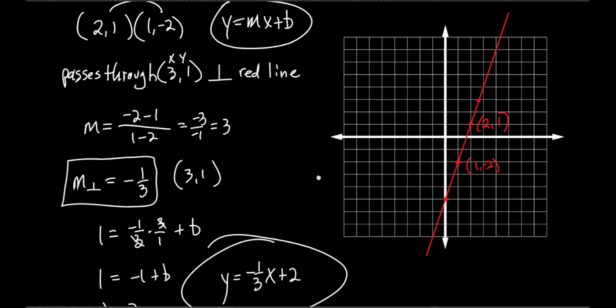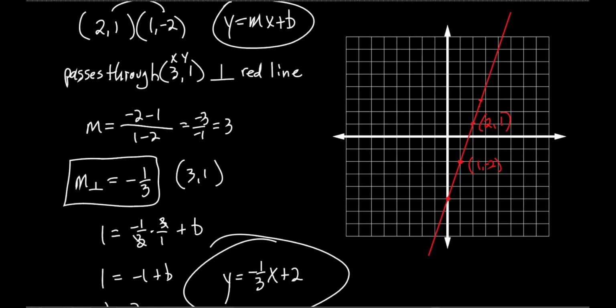Let's just see if it looks right, okay? You don't have to do this. I'm just doing this for fun, just to see if everything worked out the way it's supposed to. What's my line? Y-intercept is 2, right there, and the slope is -1/3. -1, 1, 2, 3. Look at that. That goes through 3, 1, doesn't it? All right, so it worked out perfect, didn't it?